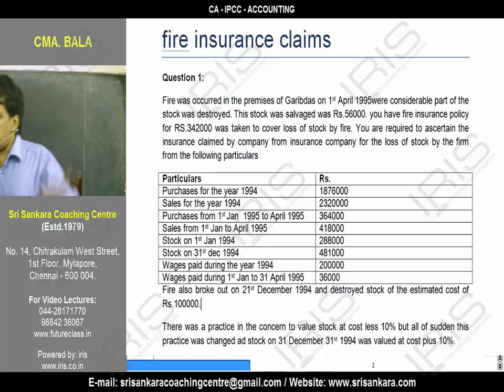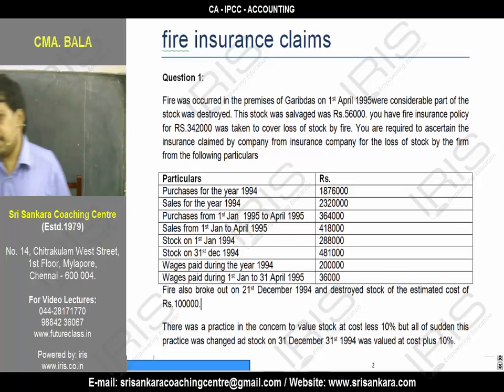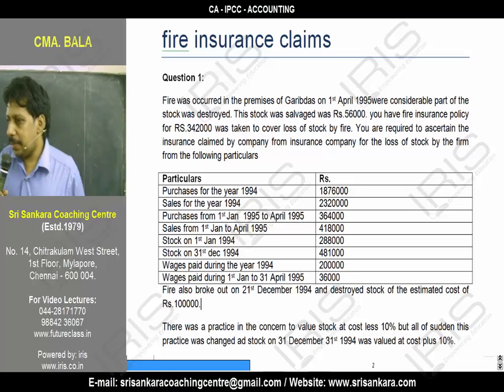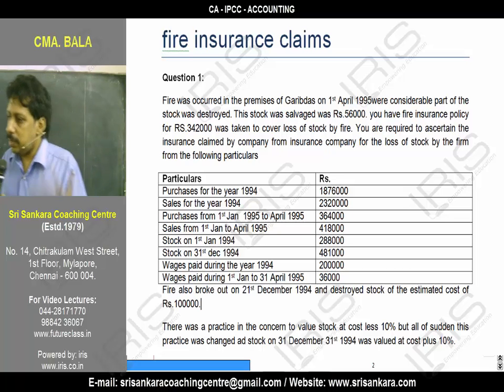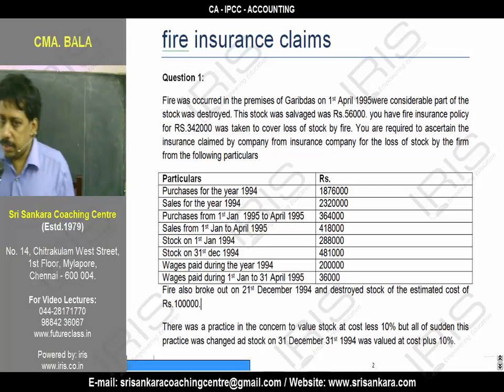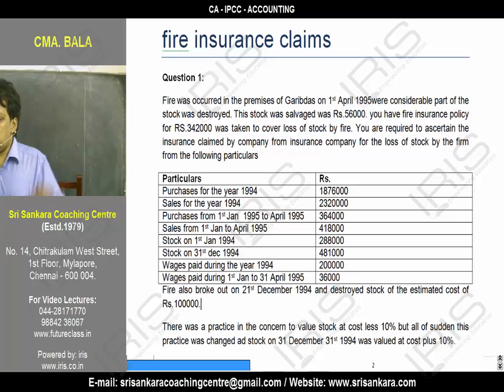Now, suppose I express a gross profit on cost. What is it called? Come on, try. Give some answer. Now, whenever the gross profit is expressed as a percentage of cost of goods sold, GP by cost of goods sold into 100, what is it called?